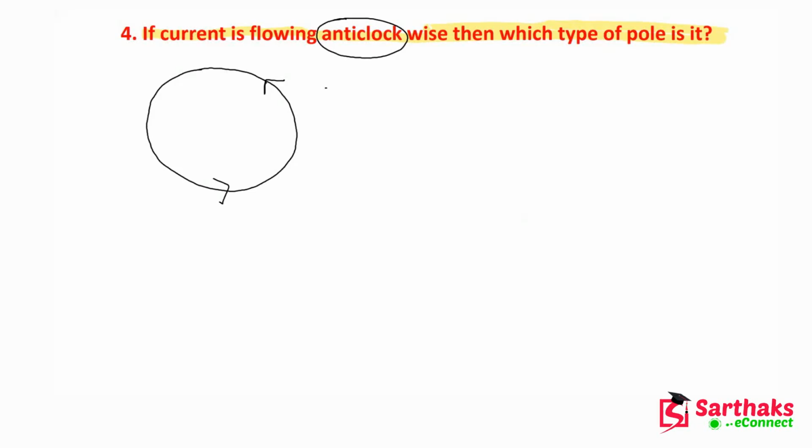And what is a clockwise direction? Let me draw it with another pen. This is the clockwise direction, how our clock rotates. So this is clockwise, and this is anti-clockwise.